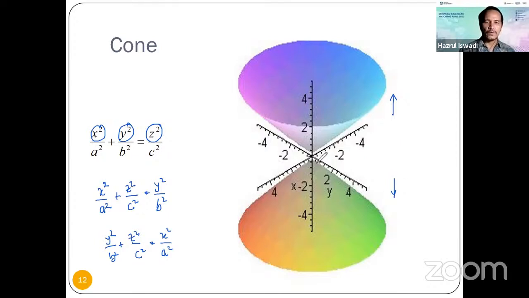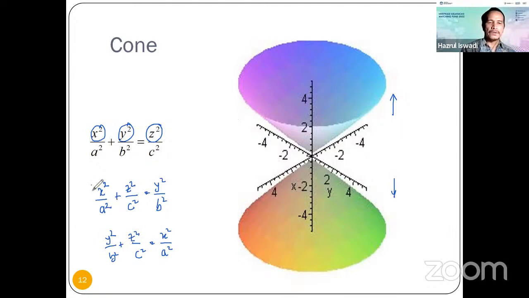So there are two shapes of cone. We cannot separate them. This is the default. To draw a cone, you should draw two shapes which have opposite directions.